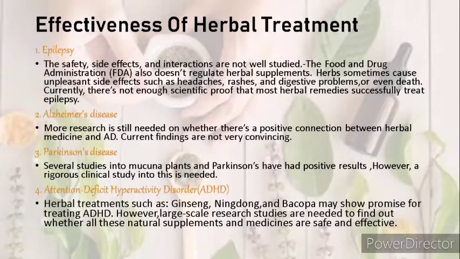However, rigorous clinical studies are needed. In attention deficit hyperactivity disorder, herbal treatments such as ginseng, lindong, and bacopa may show promise for treating ADHD. However, large-scale research studies are needed to find out whether all these natural supplements and medicines are safe and effective.